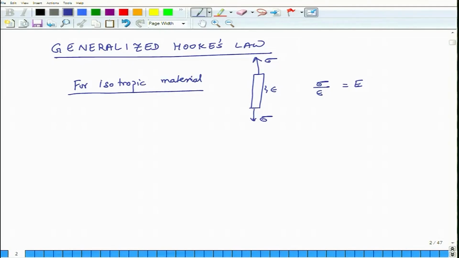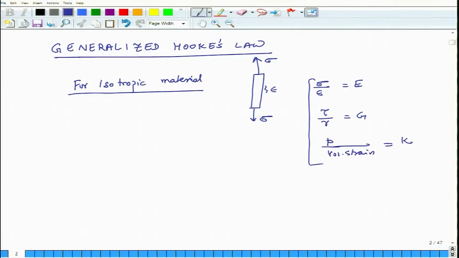So, this is the Hooke's law for isotropic material, and similarly, if it is in shear, then tau by gamma equals G, and then if the material is being compressed from all the sides, then pressure divided by volumetric strain is K, bulk modulus.